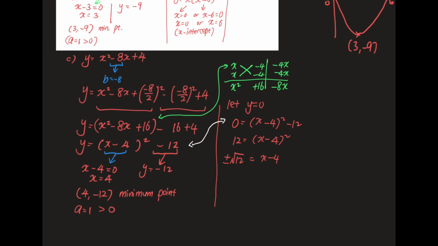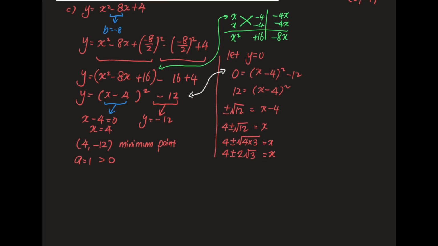Then you bring the minus 4 to the left, you get 4 plus minus square root 12. 4 plus minus square root of 4 times 3. 4 plus minus 2 square root 3. So we get two values for the x-intercept. The first one is 4 plus 2 root 3. The second one is 4 minus 2 root 3.